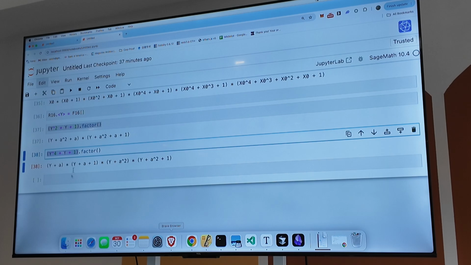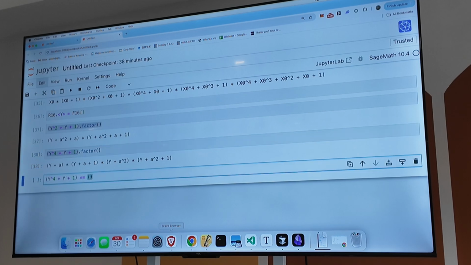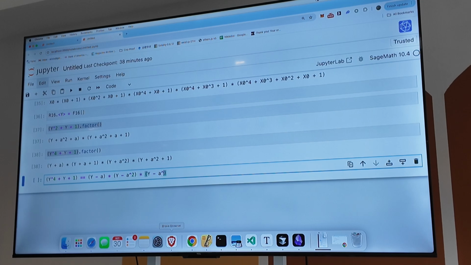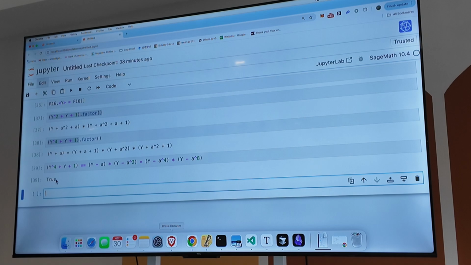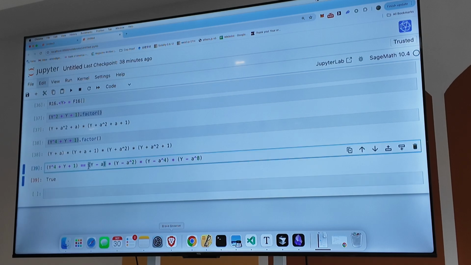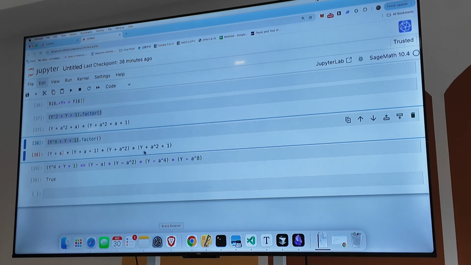You can see that this polynomial equals another polynomial: (x minus a) times (x minus a squared) times (x minus a^4) times (x minus a^8). So a equals a, a squared is here, a^4 equals a plus 1, and a^8 is equal to a squared plus 1.